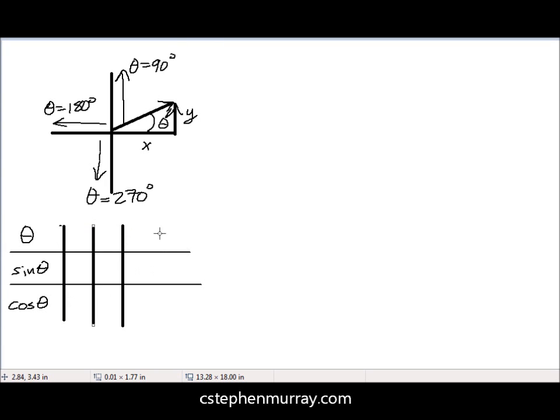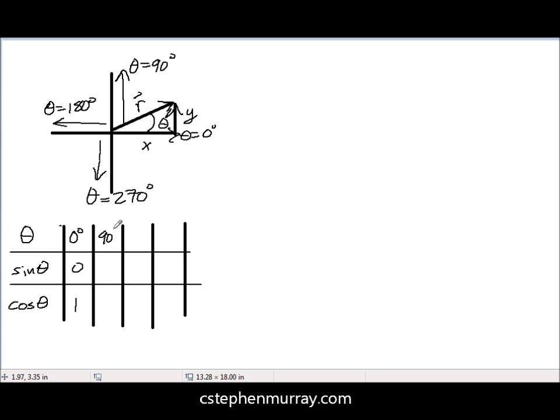Okay, so at 0 degrees there is no y component, and if we call this vector r, then 100% of it is along the x-axis.